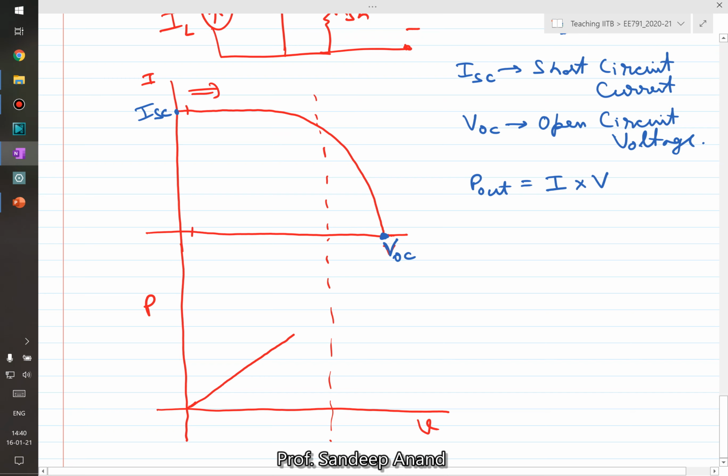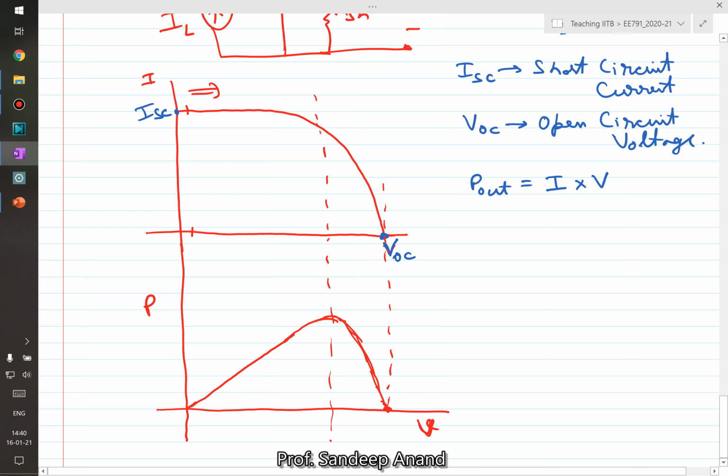If I'm operating at the open circuit voltage, although there's a substantial voltage, the current is zero. That means the power is again zero. So there is a point where power hits the peak value and then again starts reducing. So this is how the power versus voltage curve would look.